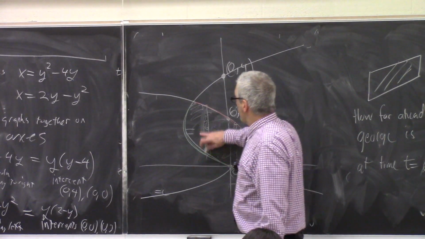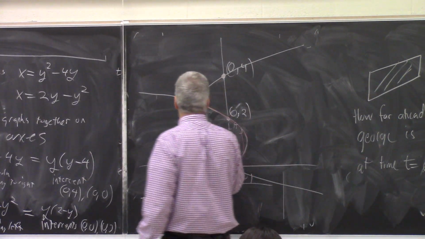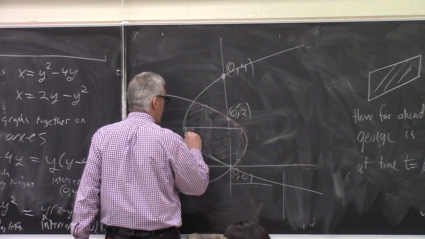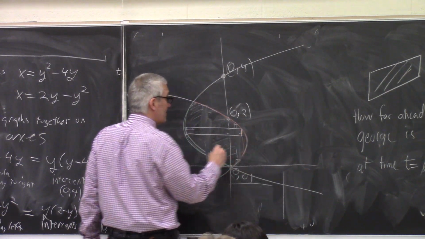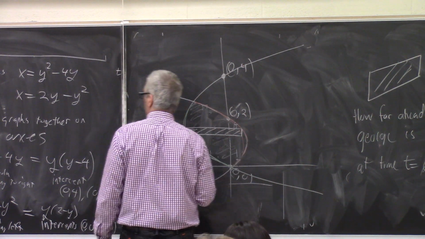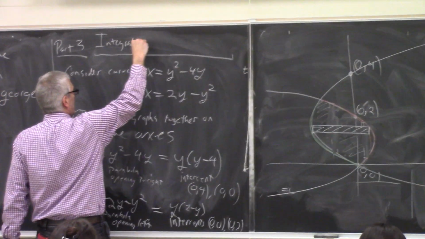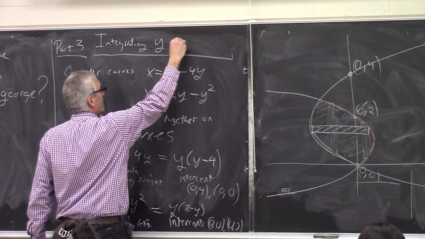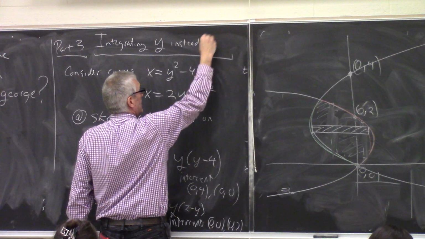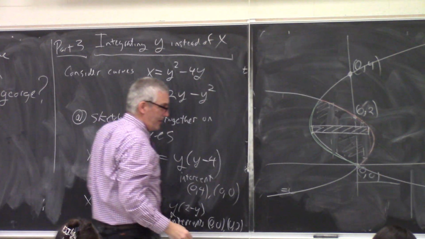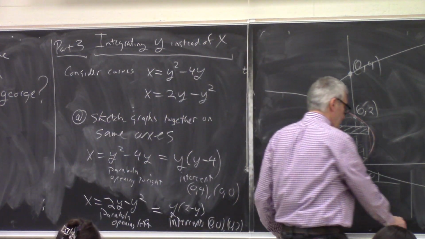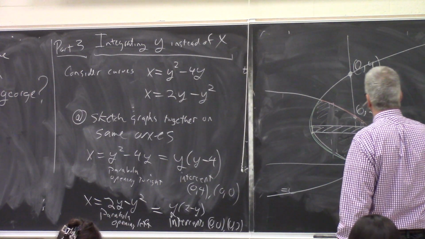So we have to think of our rectangles going this way. So the title of this is Integrating y instead of x. To get the area of this region, we have to use this as our top graph.